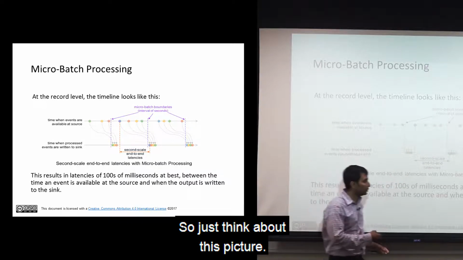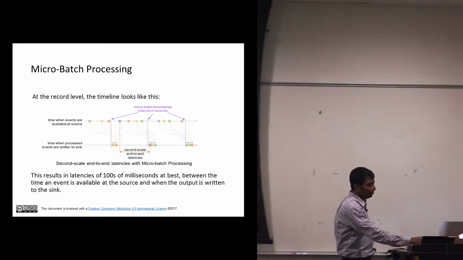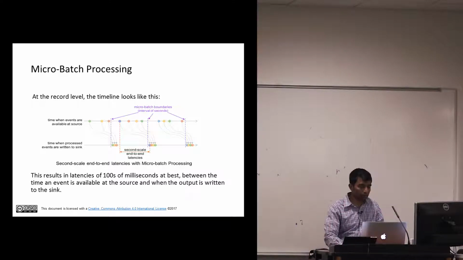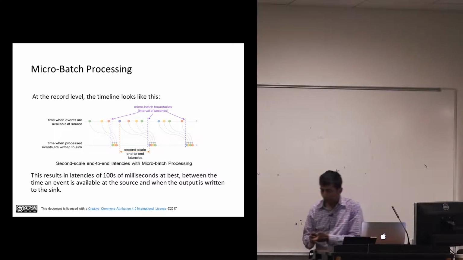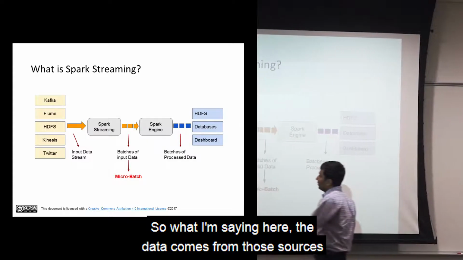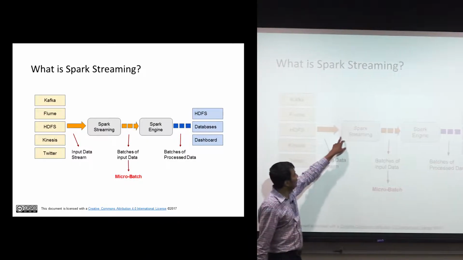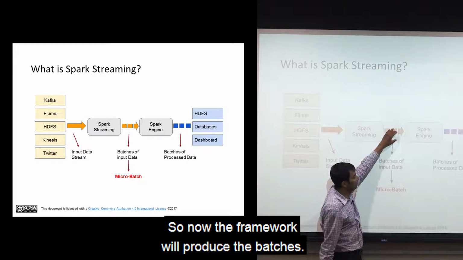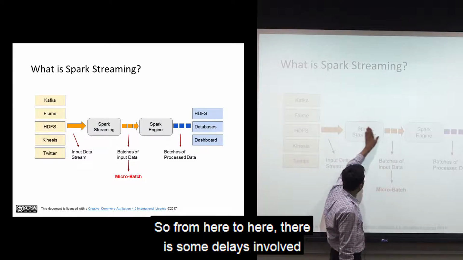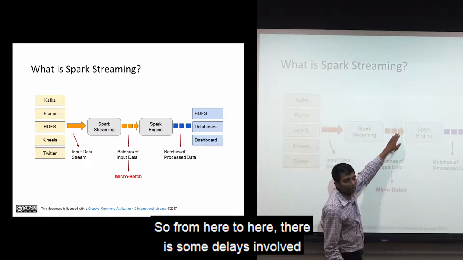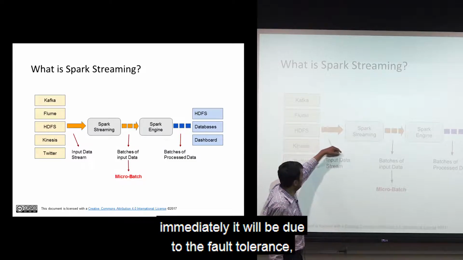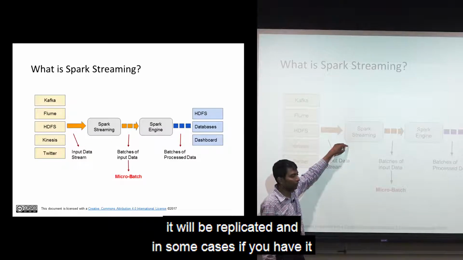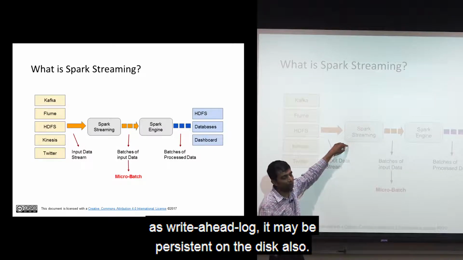So just think about this picture. What I'm saying here is that the data comes from those sources and enters the Spark streaming framework, right? Now the framework will produce the batches. From here to here, there is some delay involved, because when the data is available, due to fault tolerance it will be replicated, and in some cases, if you have used a write-ahead log, it may be persisted on the disk also.